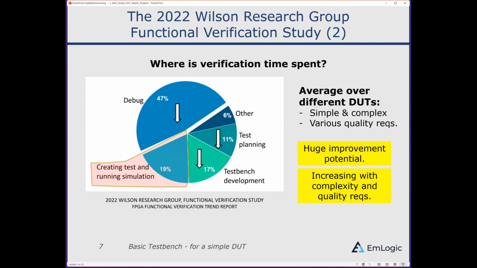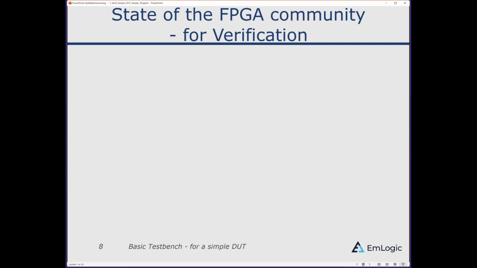This is another interesting figure from the same Wilson Research Group functional verification study, looking at where verification time is actually spent. This is an average, of course, over different devices, from really simple to really complex, and also with varying quality requirements. But again, I think there's a huge improvement potential, and it's increasing with the complexity and quality requirements.